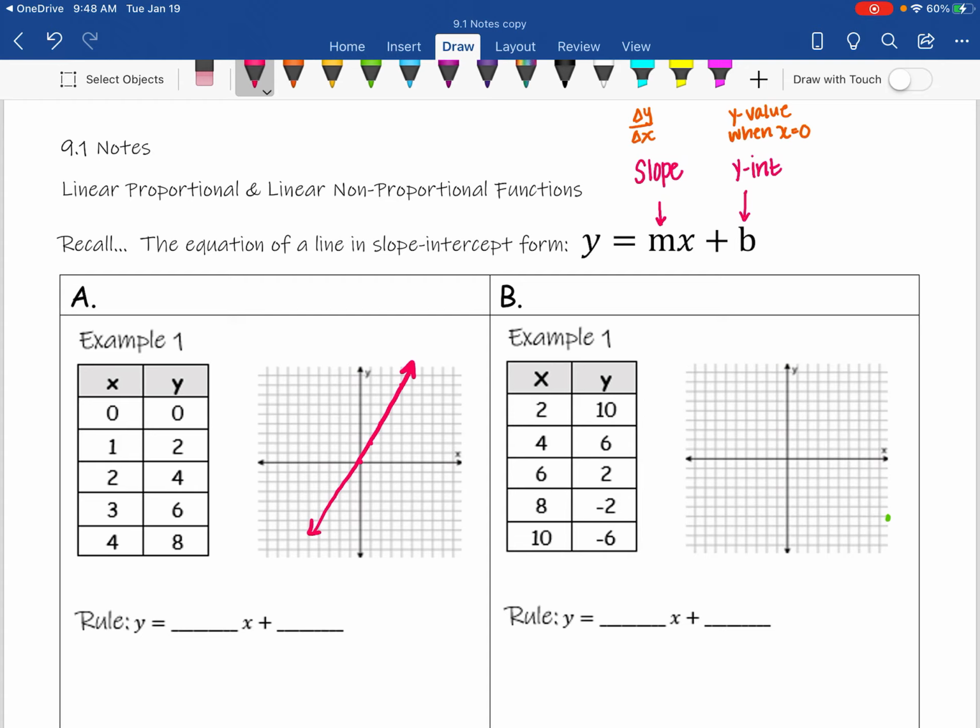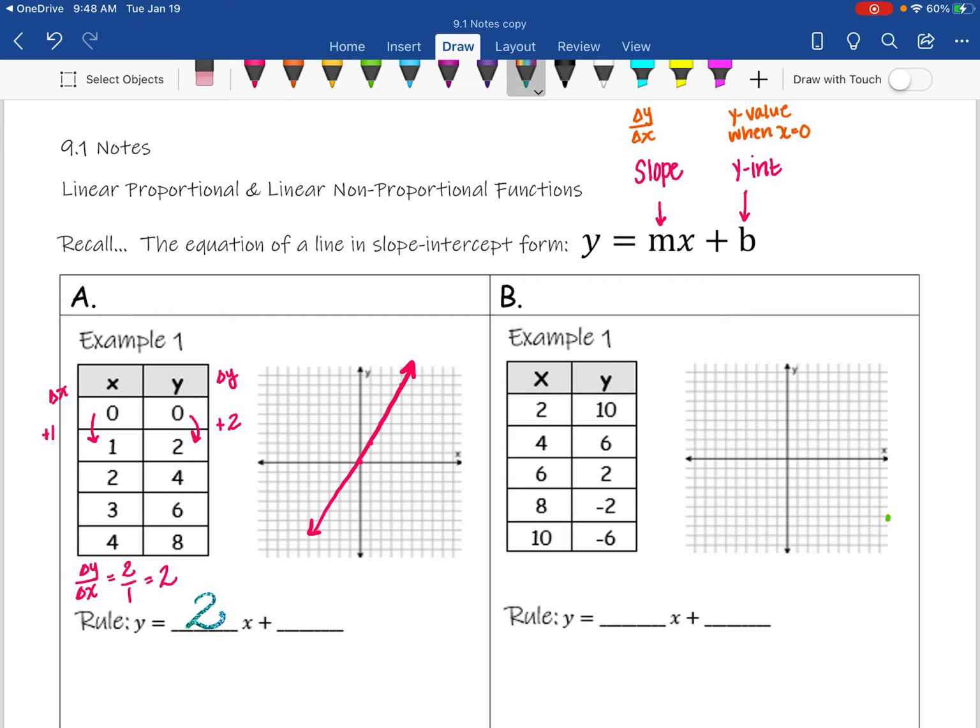Okay, so I'm going to look at my slope. So to find my slope, I'm looking at my change in y divided by my change in x. Okay, and from 0 to 2, I'm adding 2. And from 0 to 1, I'm adding 1. So when I go to find my slope, I'm going to take 2 divided by 1, which gives me 2. So I'm going to go ahead and write that into my rule.